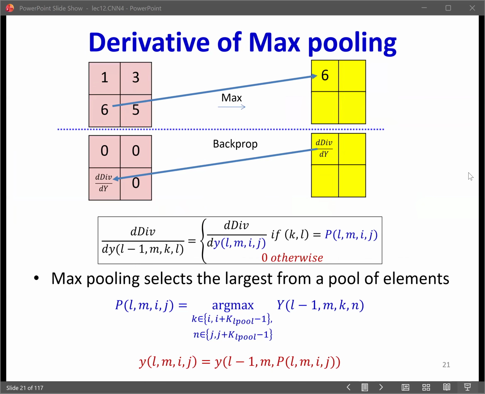When we were going backwards, back propagation would give you the derivative for this element. This element was obtained from this window, but specifically only the largest value was copied over. So we know that the rest of them did not influence this element at all. So they get zero derivatives, and the derivative over here just gets copied back into this position.